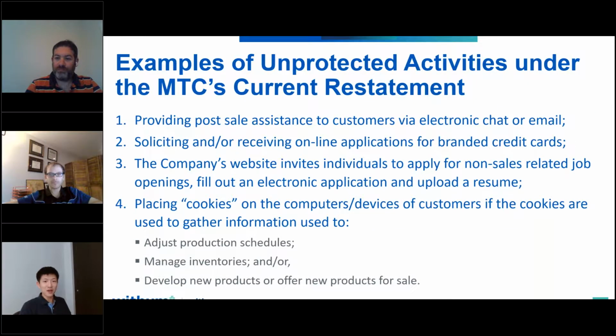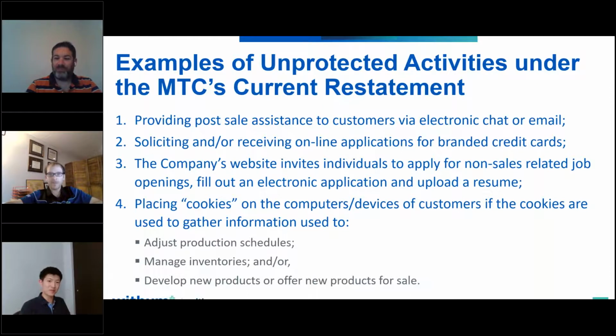One, providing post-sale assistance to customers via chat or email. I know there are plenty of websites that do this that we go on on a daily basis. Two, soliciting and receiving online applications for branded credit cards. Next one is going to be a big one, right? Three, the company's website invites individuals to apply for non-sales related job openings.